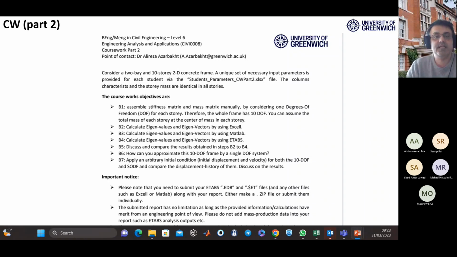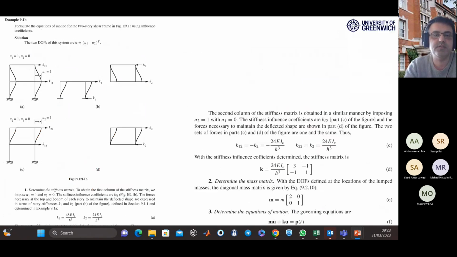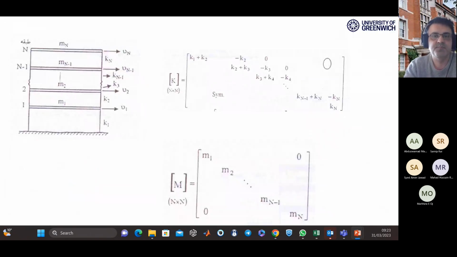For the B1 section, it says assemble a stiffness matrix and mass matrix manually. So you need to assemble those matrices manually. And to be honest, you need to use just this slide.